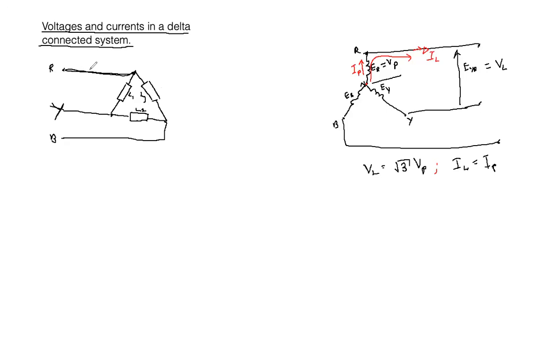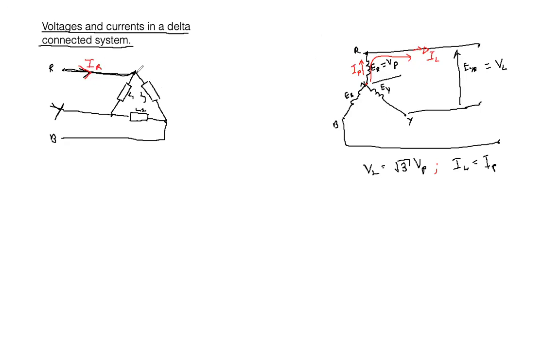Remember, the load is being supplied, so we're going to give a current to that load. We're going to have a line current flowing in that one. Let's call that line current IR.